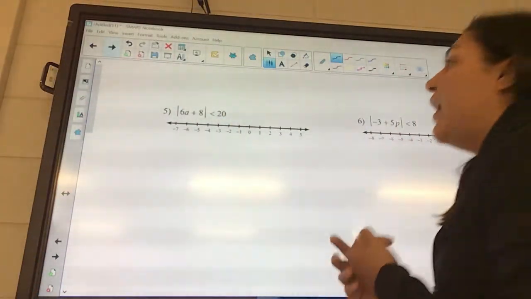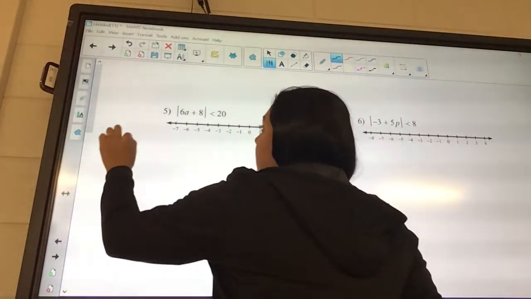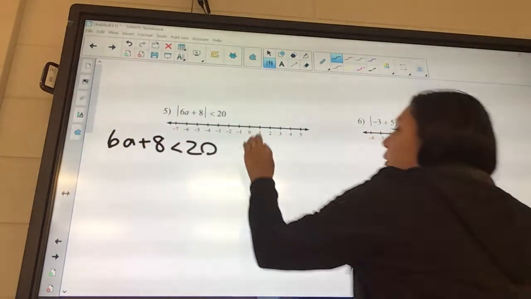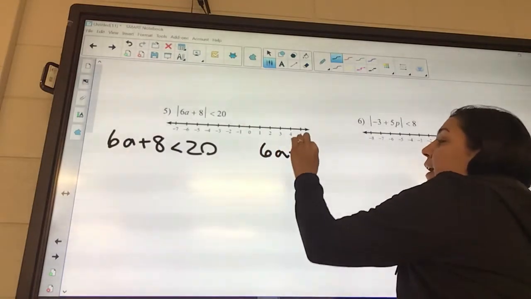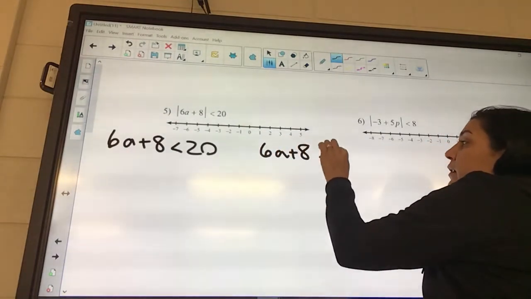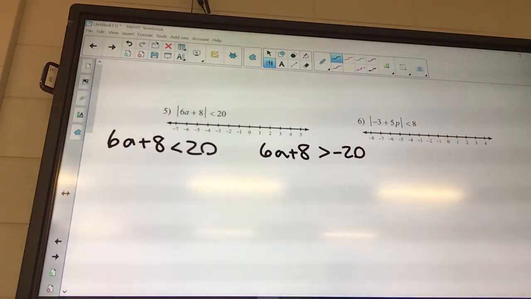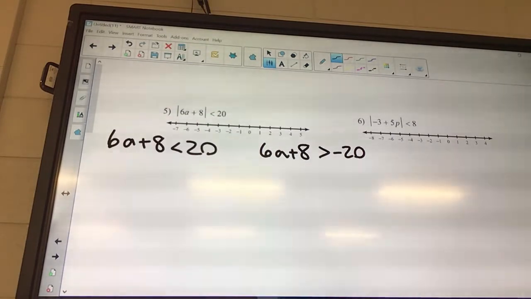Okay, look at 5. We're going to say 6A plus 8 is less than 20. And we got 6A plus 8 is greater than negative 20. Make sure you flip and make the other one a negative. Okay, flip the second one and make it negative. Okay, and then how do I solve this?